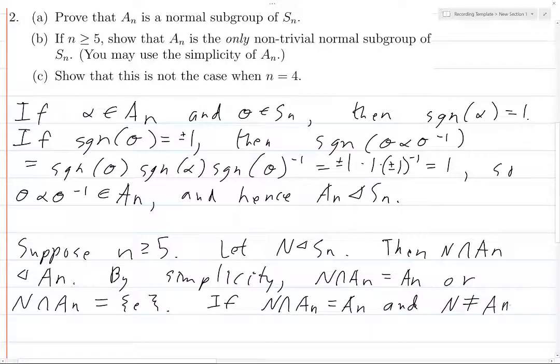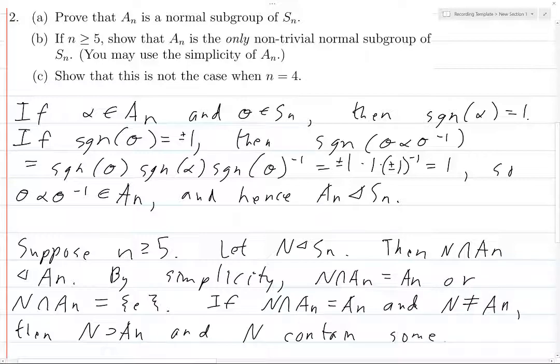So if N is not equal to A_n, then it contains A_n, and further, not only does it contain A_n, but it must contain some element that's in S_n but not in A_n, because otherwise it'd be equal.